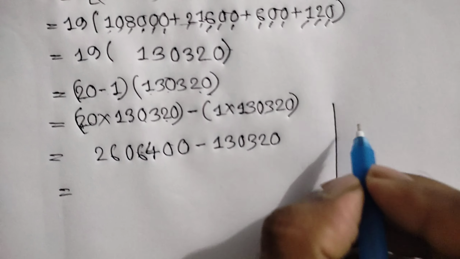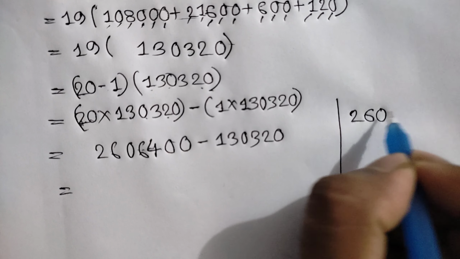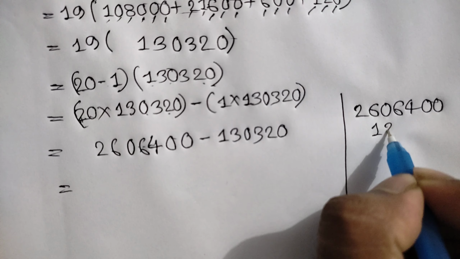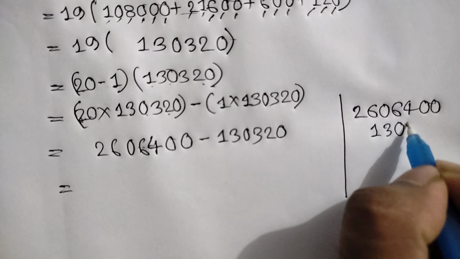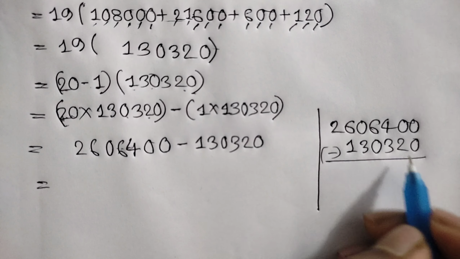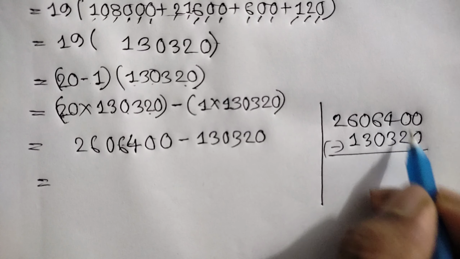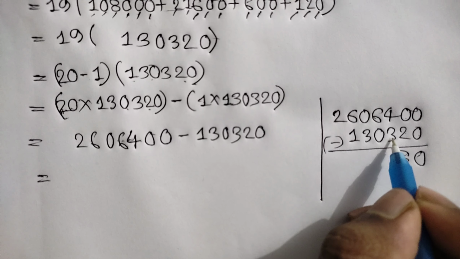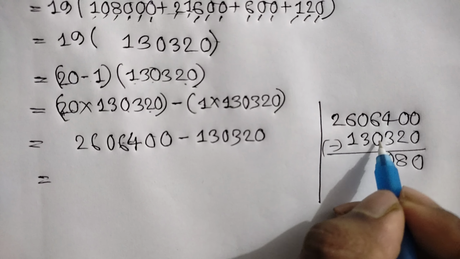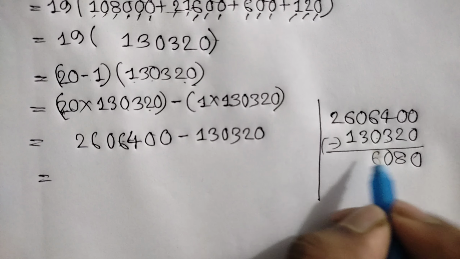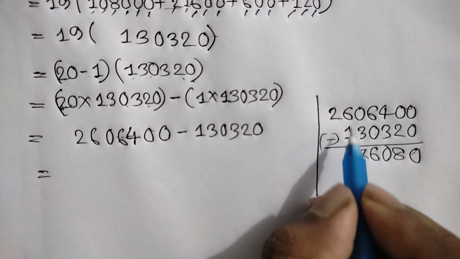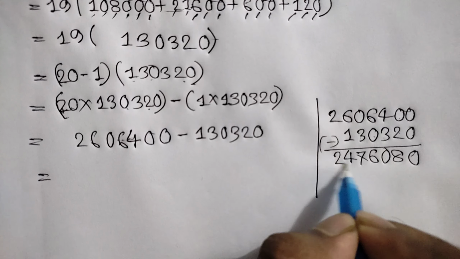is equal to, now subtract 2606400 minus 130320. Now subtract: 0 minus 0 is 0, 10 minus 2 is 8, 3 plus 1 is 4, 4 plus 4 is 0, 6 minus 0 is 6, 10 minus 3 is 7, 1 plus 1 is 2, 6 minus 2 is 4, and this 2.